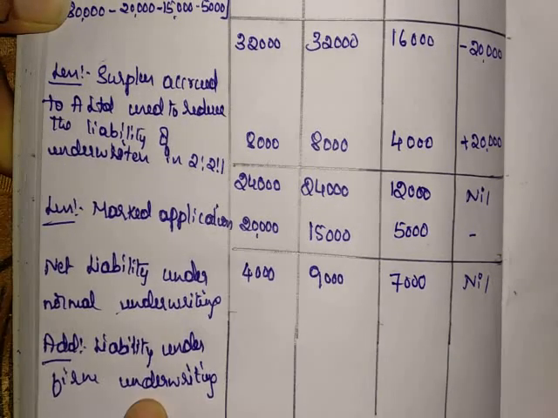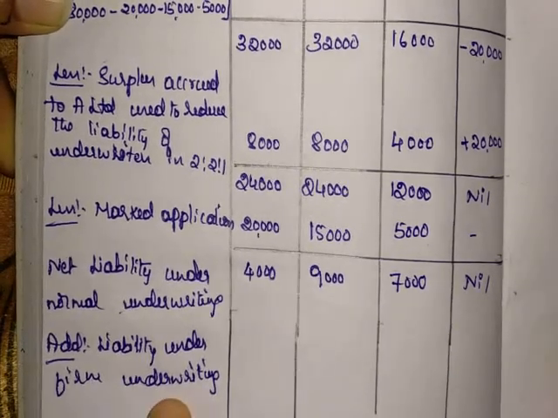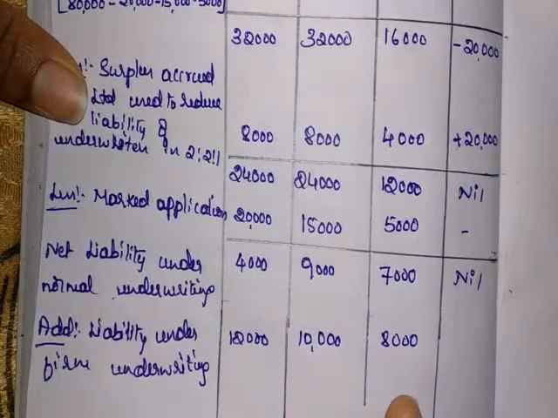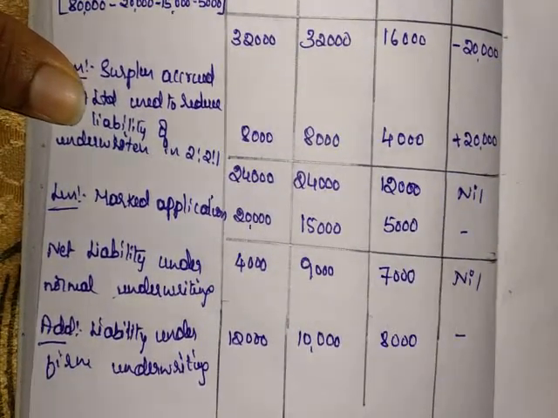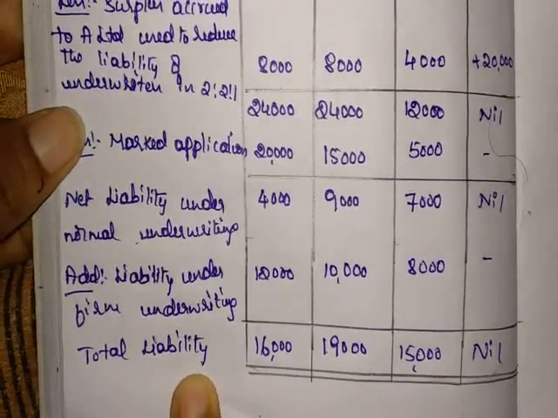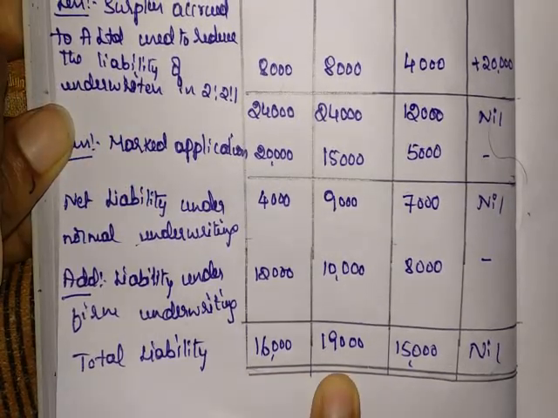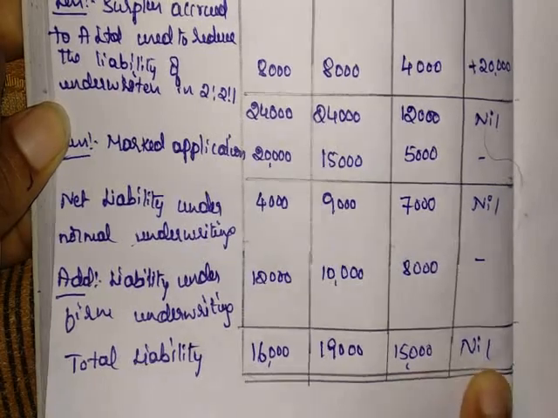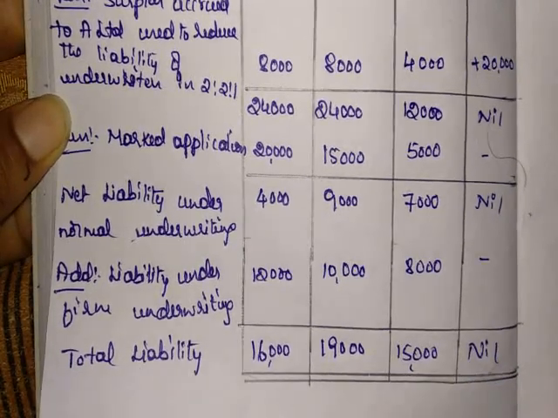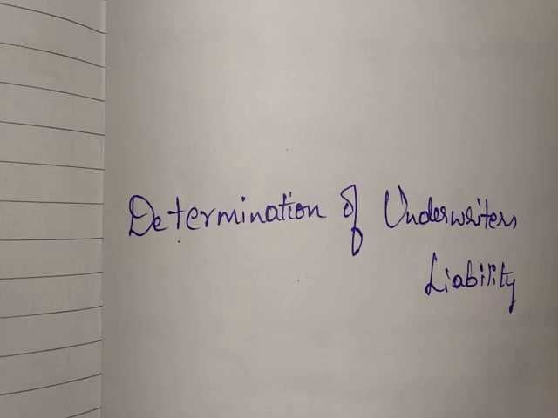Add liability under firm underwriting given in the problem, that is 12,000, 10,000 and 8,000 shares. Therefore, total liability is for X 16,000 shares, Y 19,000 shares, Z 15,000 shares, and for the company it is nil. We'll see the next case, and that is the last case.